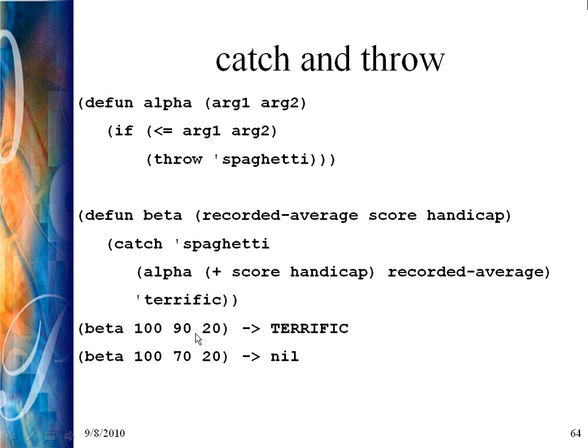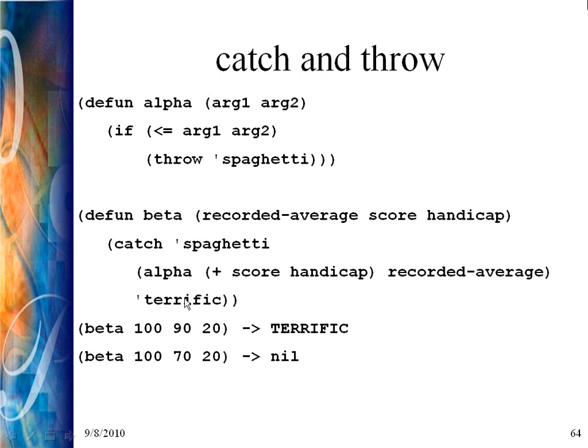I guess this isn't golf because you like higher scores. I'm just getting confused here. Recorded average is 100, and if the first argument is less than the second argument, you throw to spaghetti. So if score plus handicap is less than the recorded average, you throw to spaghetti.